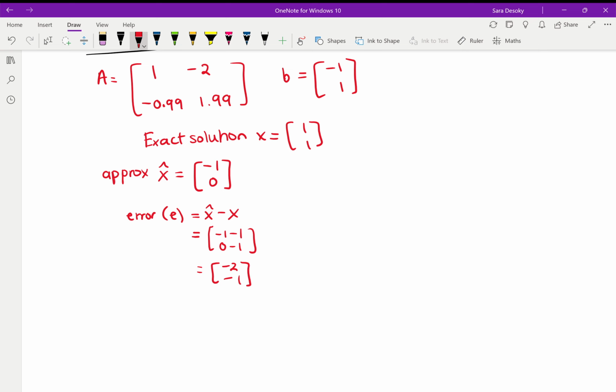Norm of E is 2. Norm of X is 1. So the inside of the sandwich is 2.